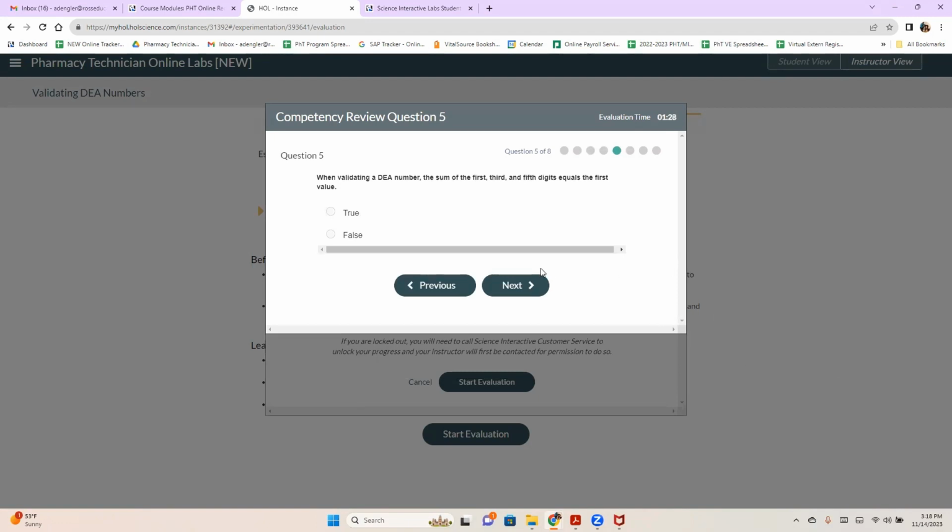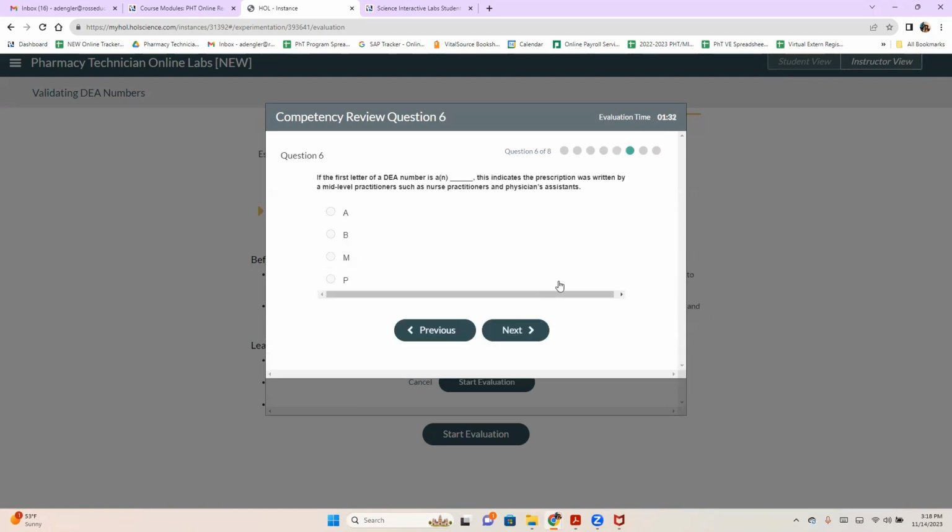And that is going to be true. If the first letter of a DEA number is blank, this indicates the prescription was written by a mid-level practitioner, such as nurse practitioners and physician assistants. So remember that nurse practitioners and physician assistants, their DEA number is always going to start with an M.